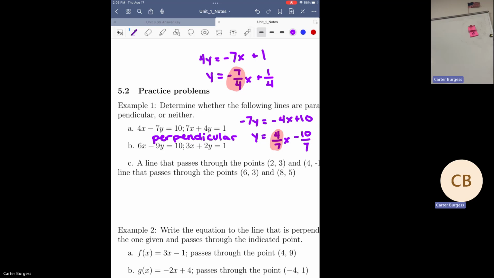Just make sure that your points line up. So if you're using 3 as your first y value, you can use 2 as your first x value. So instead of 4 minus 2, it would be 2 minus 1. Okay.